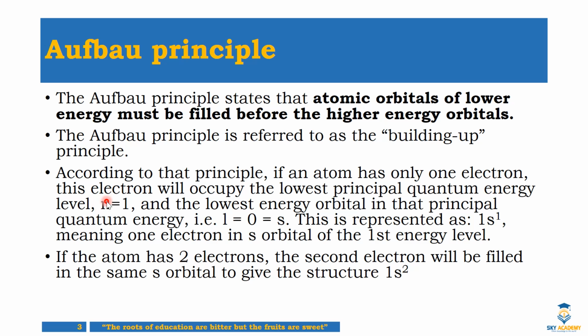The principal quantum number is n, and with one electron, n equals 1. That is the lowest energy level, the lowest energy orbit.